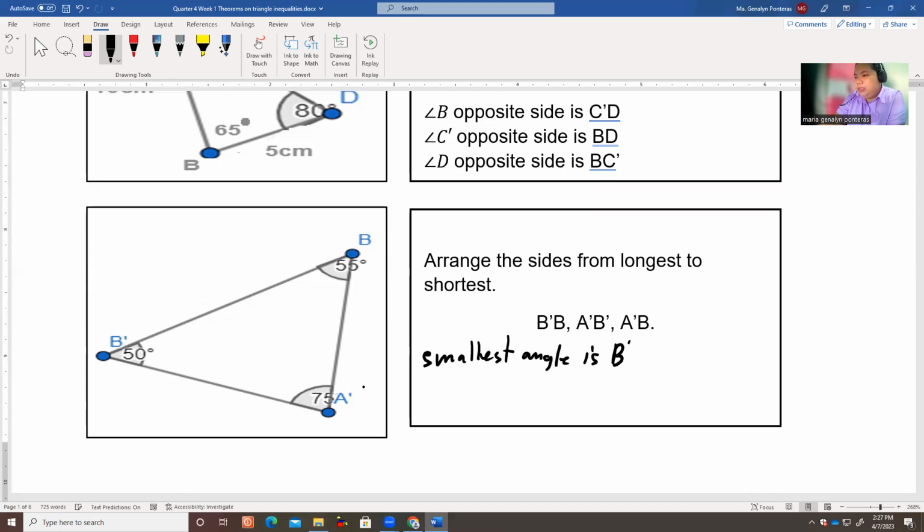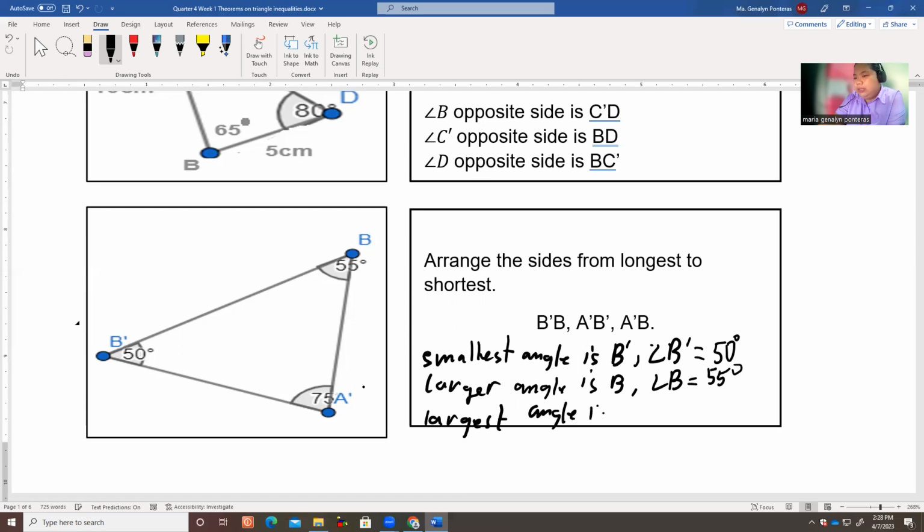Why is it labeled that way? It depends on the GeoGebra settings. Angle B prime is 50 degrees. Next, the larger angle is angle B, which is 55 degrees. And then the largest angle is angle A prime, which is 75 degrees.